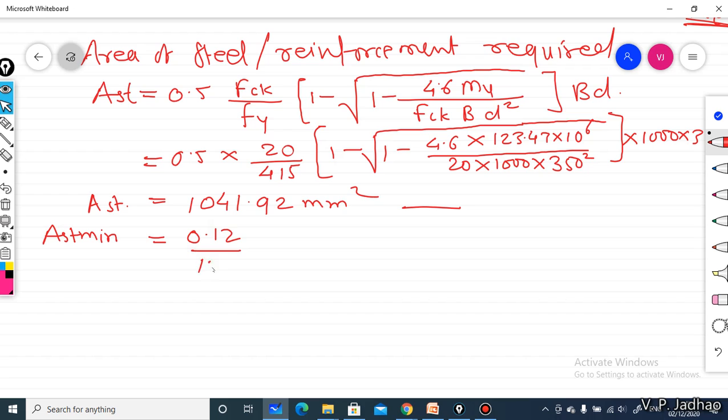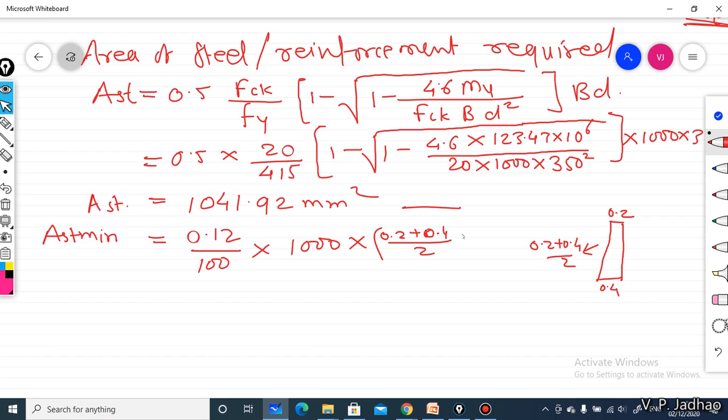Therefore 0.12 divided by 100, cross sectional area will be 1000 for 1 meter, multiplied by the average width of the stem, as we have 0.2 meter top width and 0.4 meter at bottom, so 0.2 plus 0.4 divided by 2.